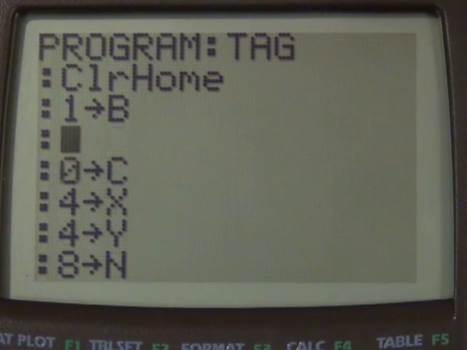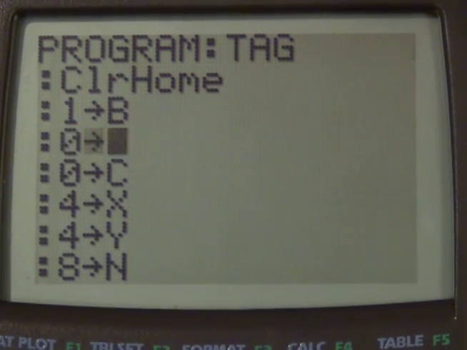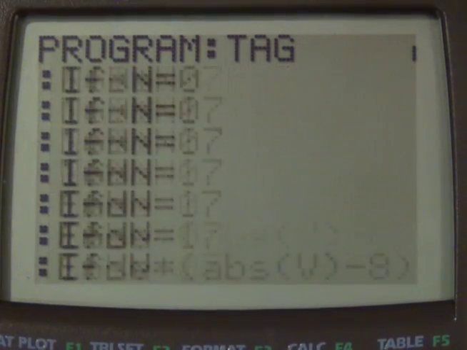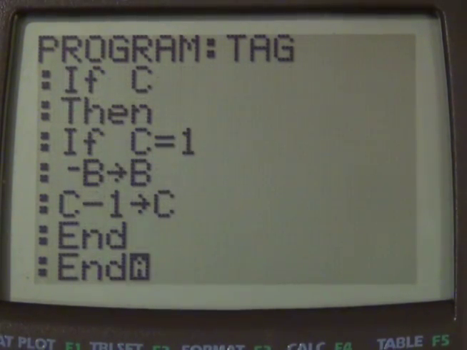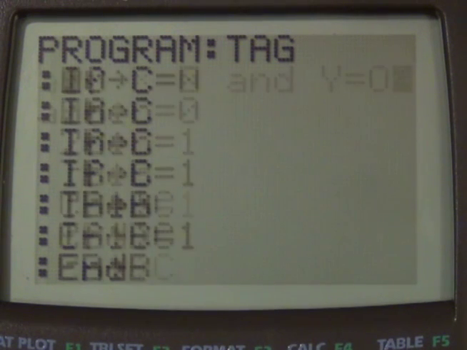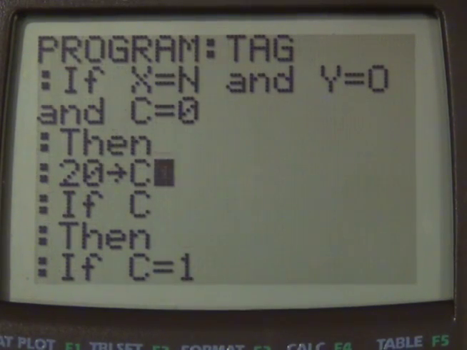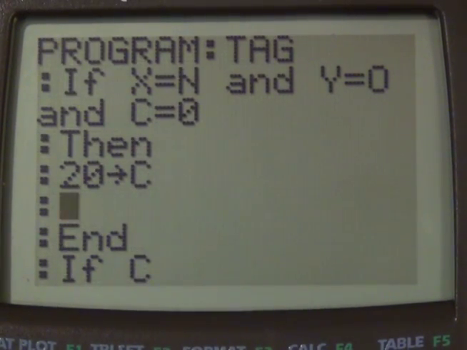I guess we might need to use another variable. So let's store 0 into z. So z mode is going to be off, but when he's in z mode, one stores z.